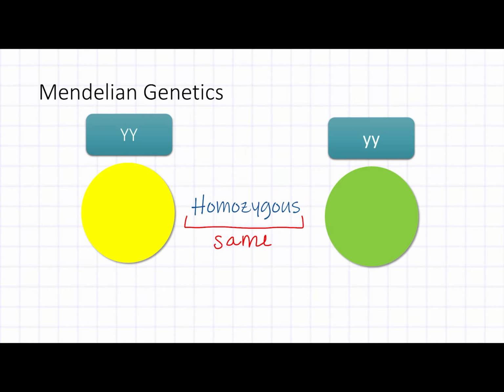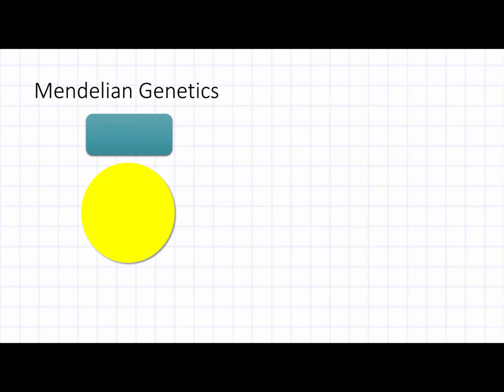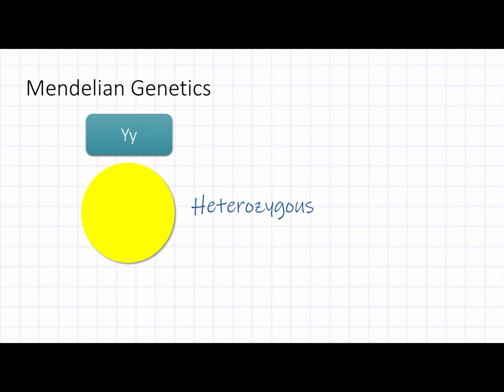So the yellow is homozygous dominant. And the green is homozygous recessive. As we saw with the offspring of the yellow and the green, you can also be heterozygous, meaning you have 1 copy of each.